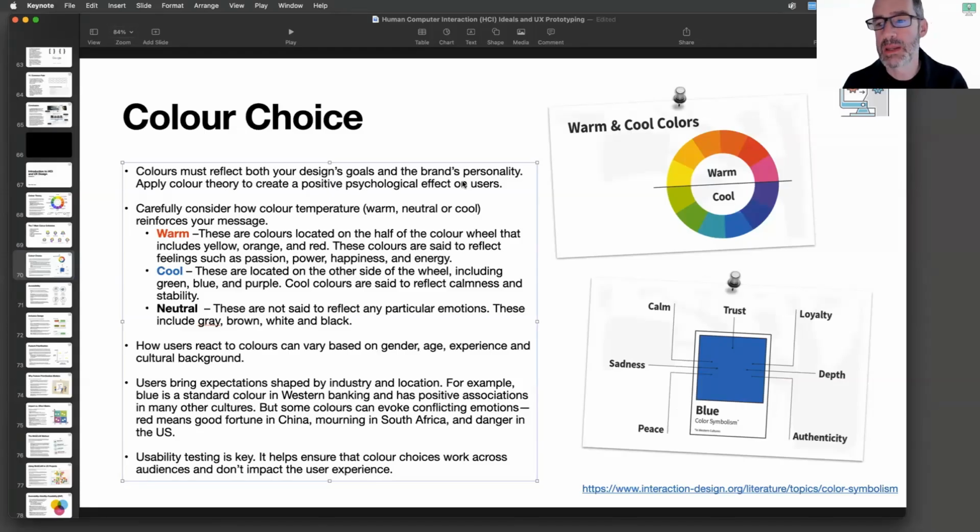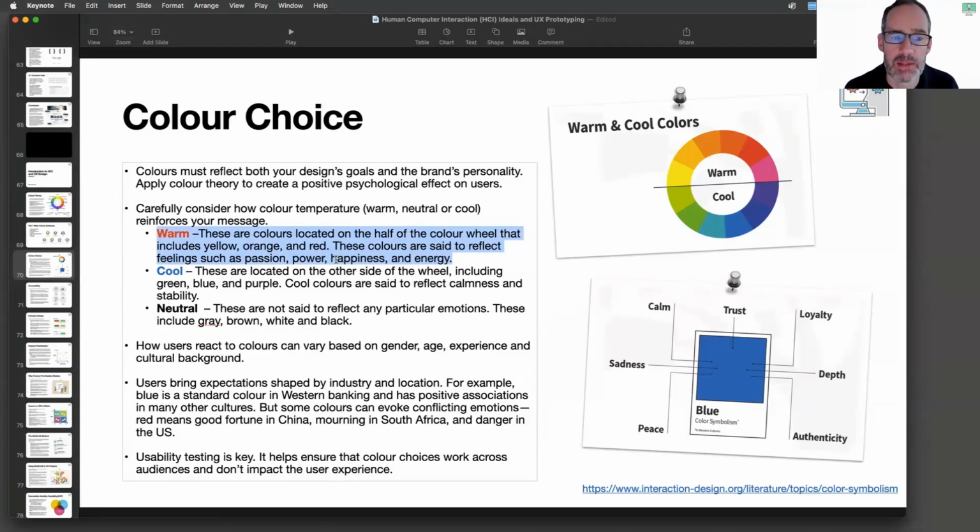So if you're creating a serious business, you generally go for cooler colors. If you're creating a fun business, maybe use warmer colors. And it explains it here. So essentially you have three categories: warm, neutral, or cool. This is the first one, the warm. Remember, these are the top half of the wheel: yellows, oranges, reds, those types of things.